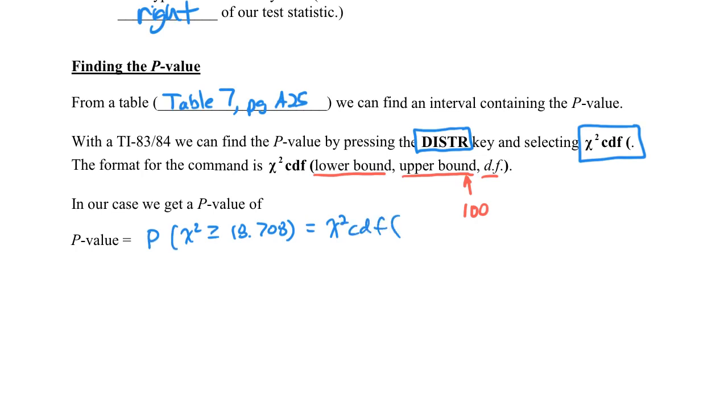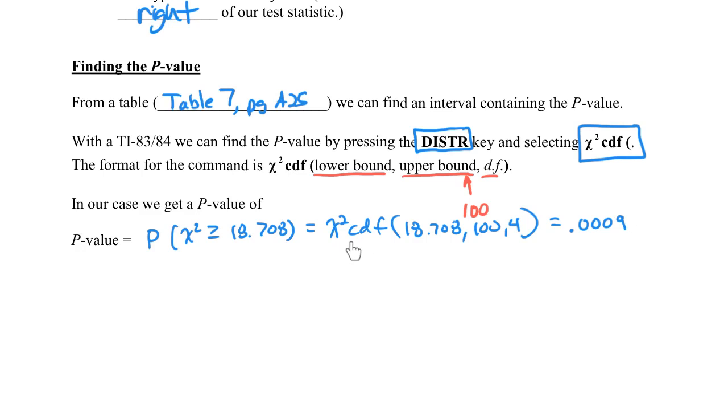Lower bound is 18.708. Upper bound is 100. Degrees of freedom 4. Remember, this can be any number, probably 25 or more. 100 is just easy to remember. And when you do this on your calculator, you get a really small number.